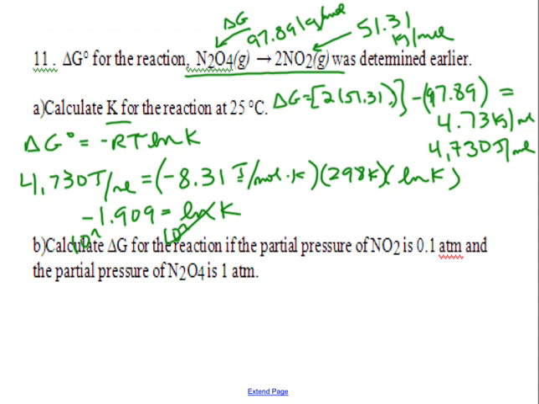When I go 10 to the negative 1.909, I get a K equal to 0.0123. And this is at 25 degrees Celsius. All right, so that's how you use rat link.